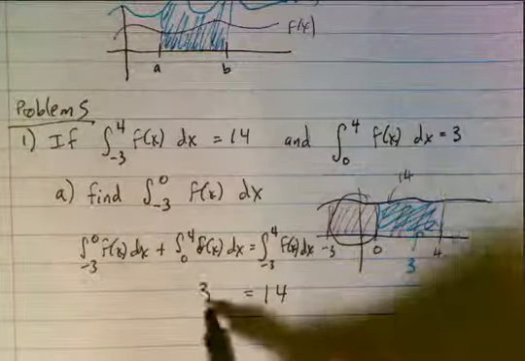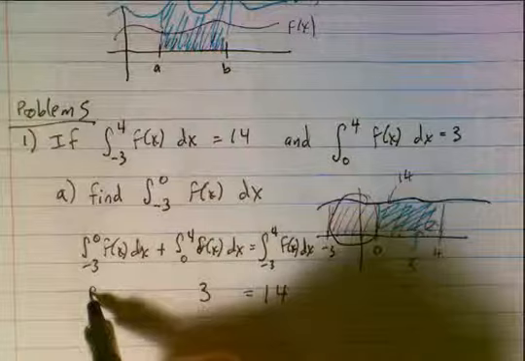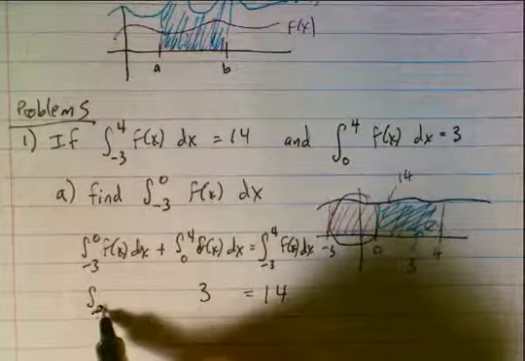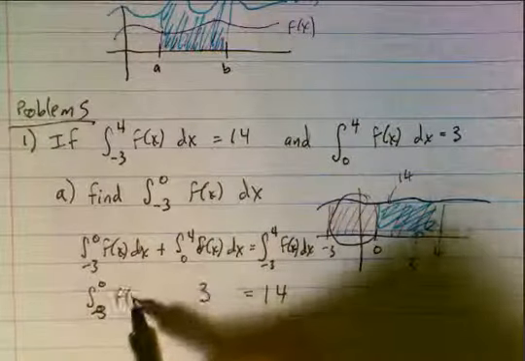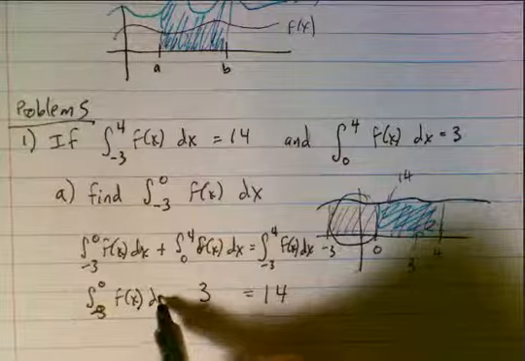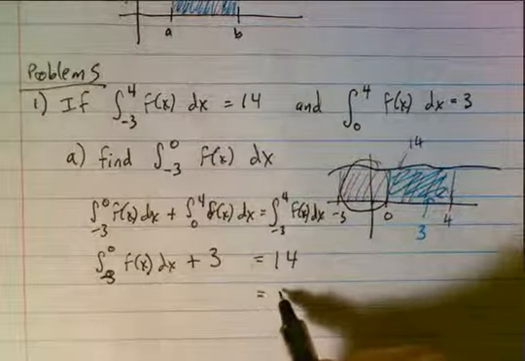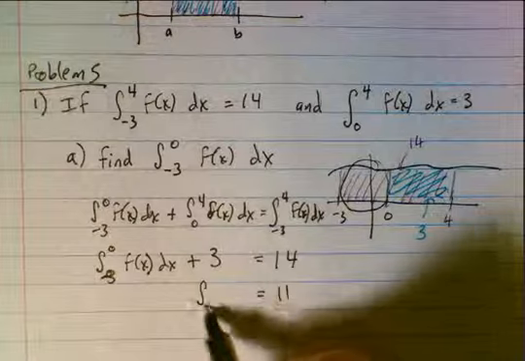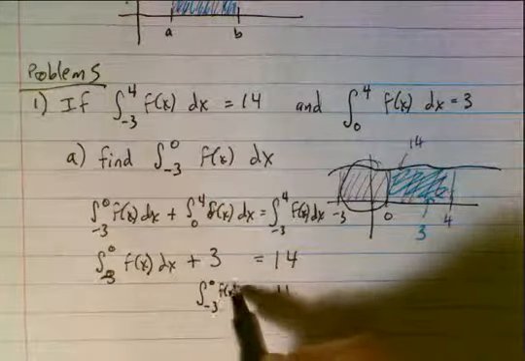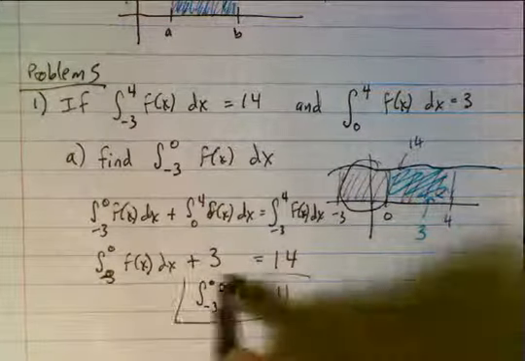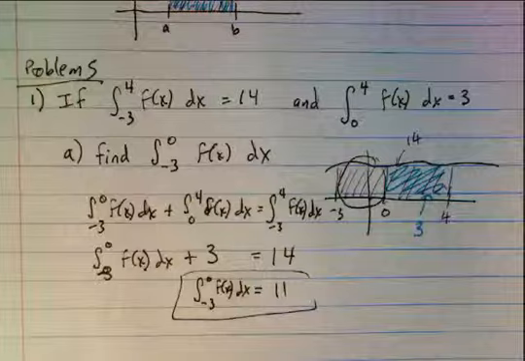We're told that this integral is 3. And we're solving for this. So we subtract 3 from both sides. And there we go.